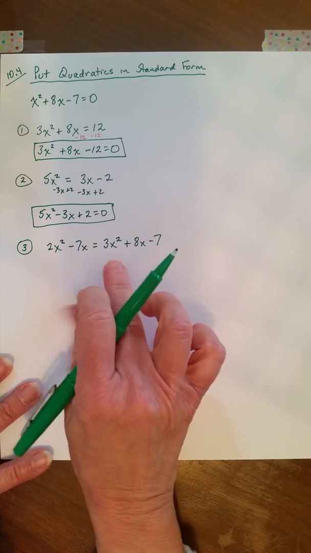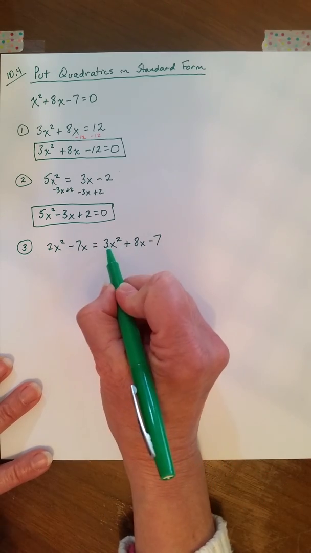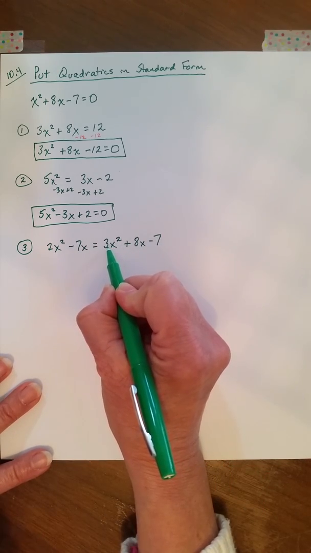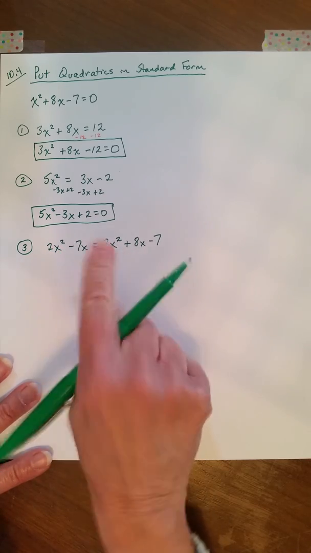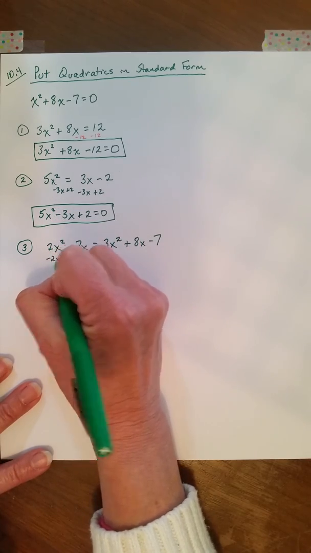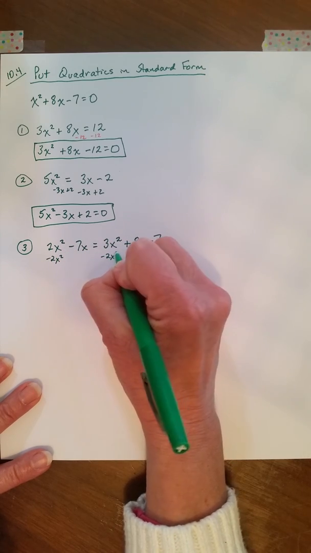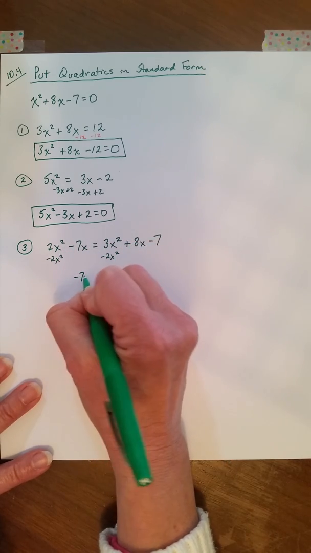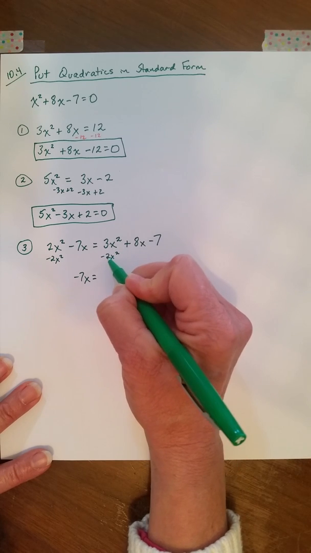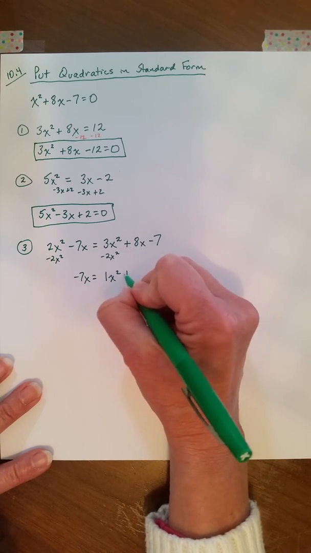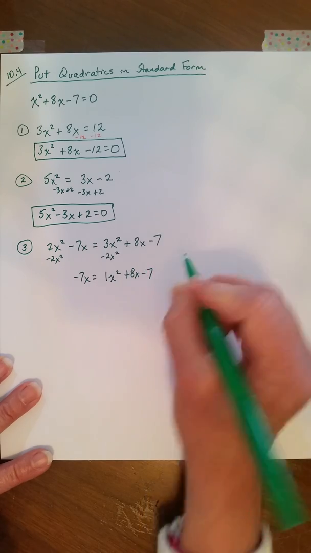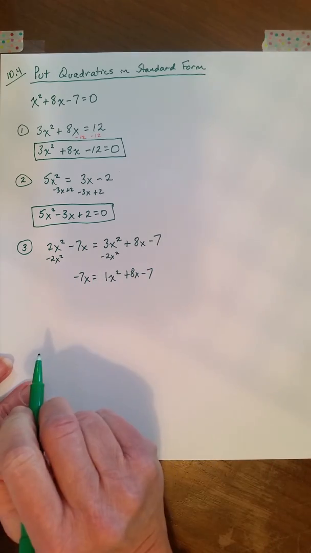Since the 3 is a larger coefficient than the 2, I'm going to move everything this way. I'm going to subtract 2x squared, so I'm left with a negative 7x equals 3 minus 2 is 1x squared plus 8x minus 7. I'm just going to do one step at a time.